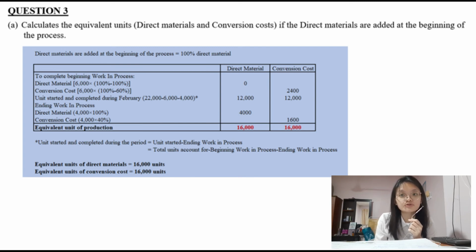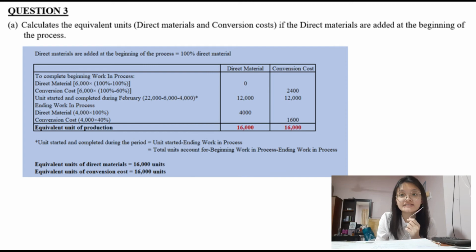So it will be equal to 4,000 for the direct material in ending work in process, and the conversion cost during the ending work in process will be 40%. So we just straight away use the units of 4,000 units times the 40%. So it will be equal to 1,600.